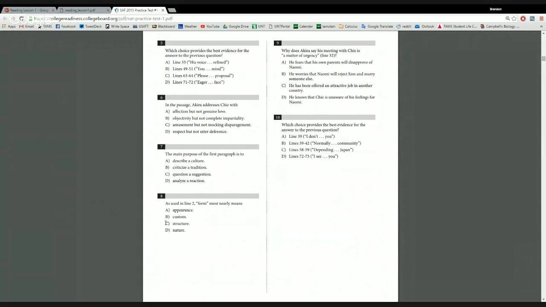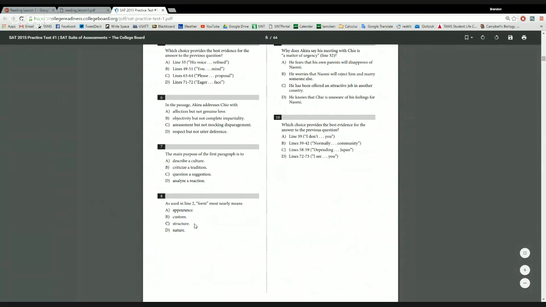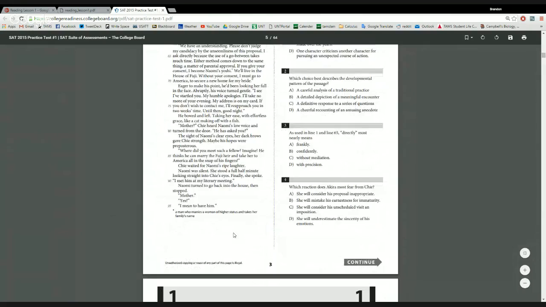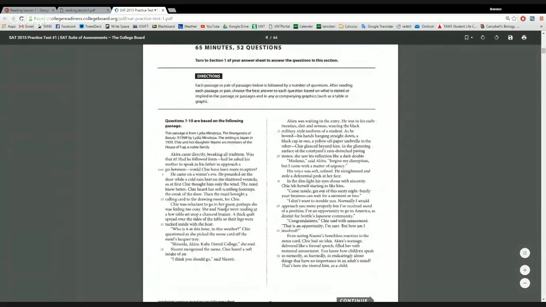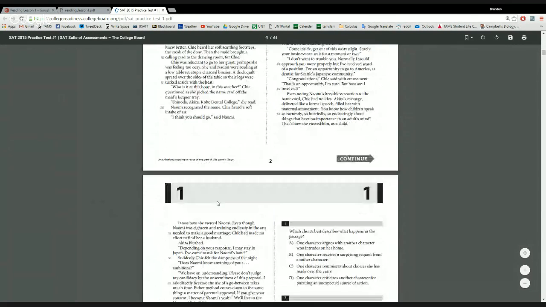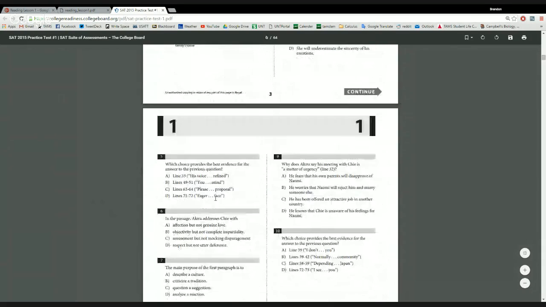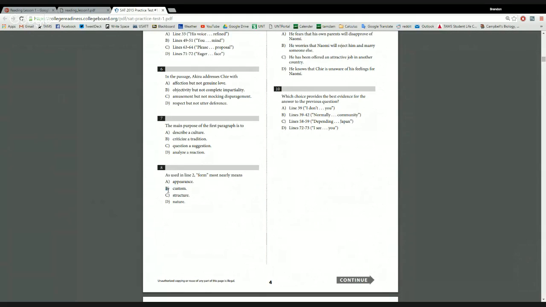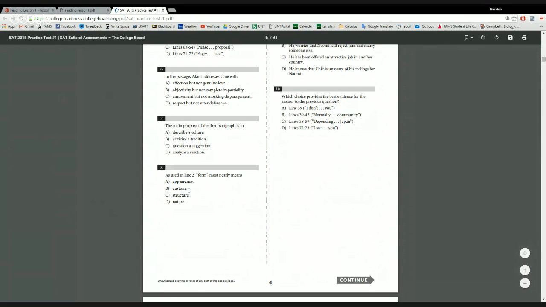Structure is not procedural, it's just the structure. And is it nature? It's not exactly what we're looking for here, so it's not so much a procedure. So the answer would be B. So as you can see here with the vocab questions, you should think of a definition in your head first and try to match it with answer choices.